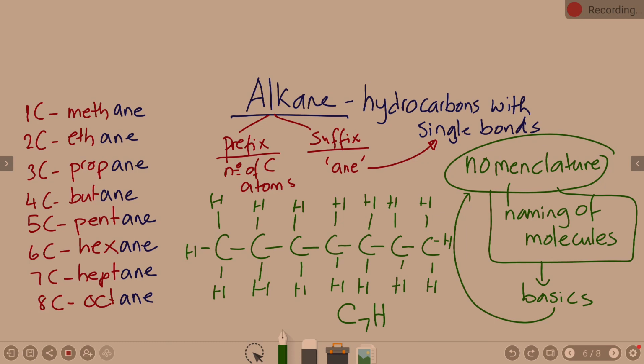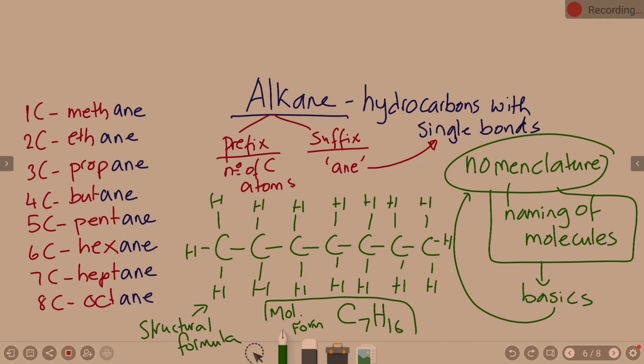Let's double confirm: 1, 2, 3, 4, 5, 6, 7, 8, 9, 10, 11, 12, 13, 14, 15, 16. Well done. So this is called the molecular formula, and this thing here is called the structural formula.